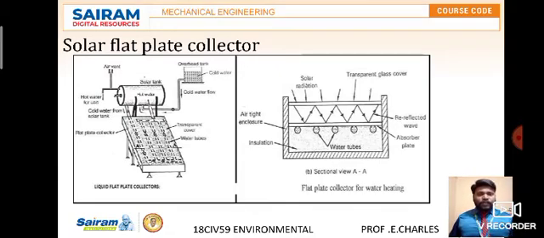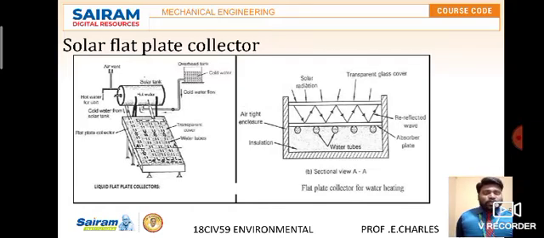In this image, the first image on the left is our solar water heater, which we install on the terrace, or which is exposed to direct sunlight. That is the solar water heater we are seeing over there. In that diagram, you can see the overhead tank, and from there is a pipe connection.